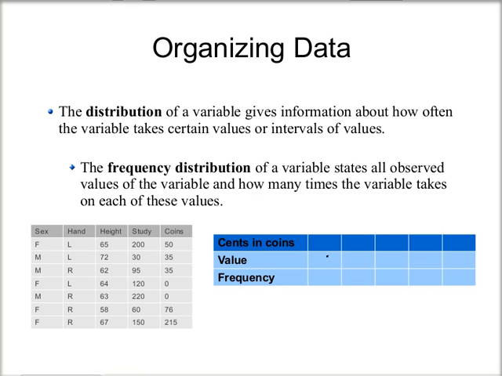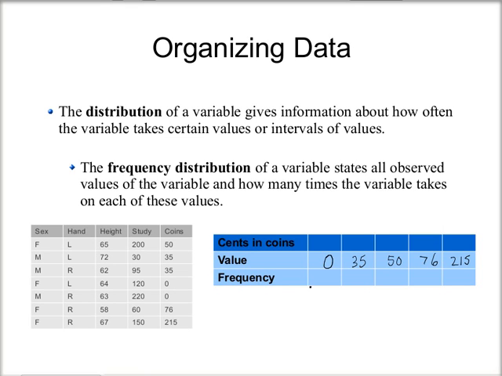So I see 0 is the lowest number I see in that column. The next number I see is 35, then 50, and 76, and 215. So those are all the numbers I see in this column listed in increasing order from 0 up to my highest value of 215. For the frequency, I'm just going to count how many times I see each value.